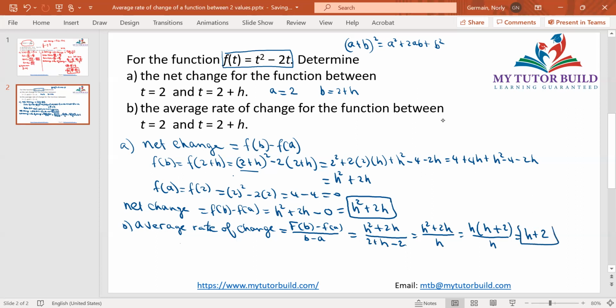And this is the average rate of change for the function between t equal to 2 and t equal to 2 plus h. Hope this example helps you to better understand how to determine the net change for a function and the average rate of change of a function.